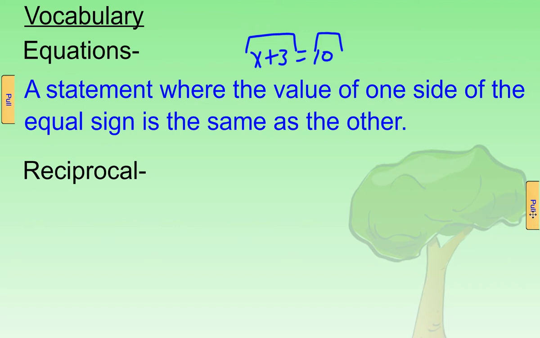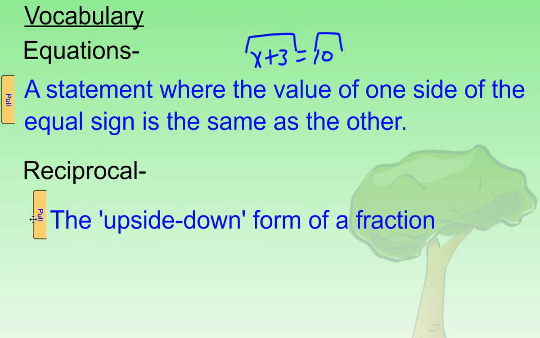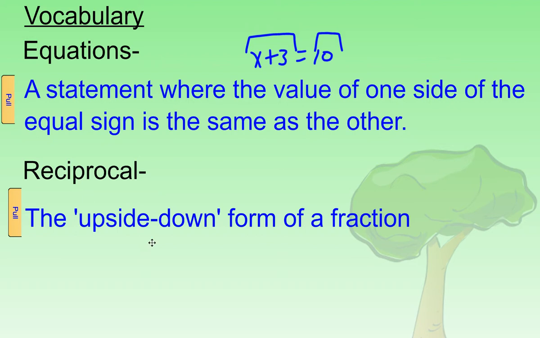A reciprocal, you might remember from further back in time, would be the upside down form of a fraction. This is useful when you have a fraction in your equation and you want to get rid of that fraction. So if we have 3/4, the reciprocal would be 4/3.